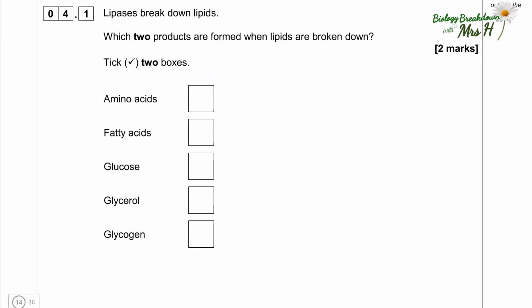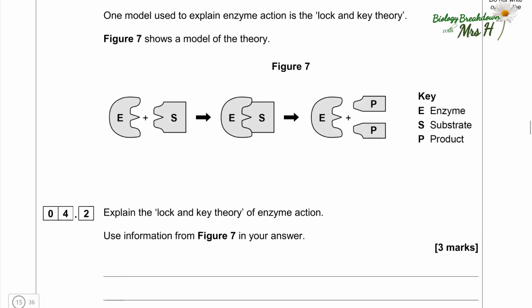Lipases break down lipids. Which 2 products are formed when lipids are broken down? Fatty acids and glycerol. One model used to explain enzyme action is the lock and key theory. Figure 7 shows a model of the theory. So I'm just going to have a look at this diagram here. We can see that this is the active site of the enzyme.